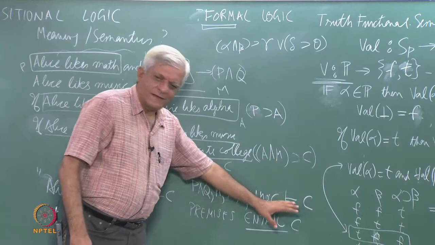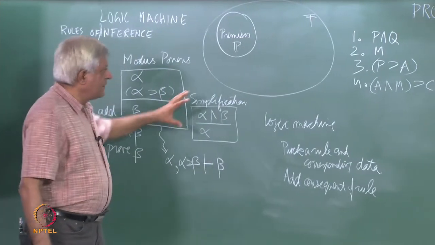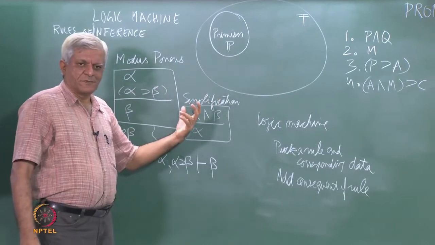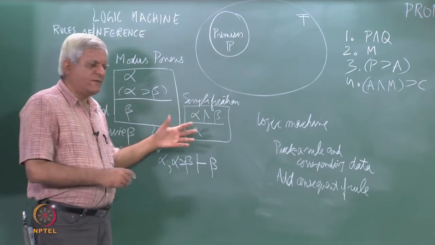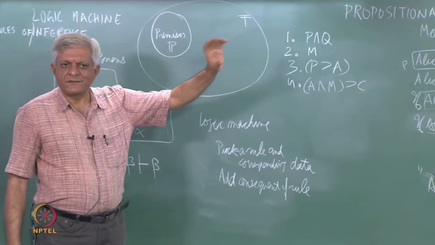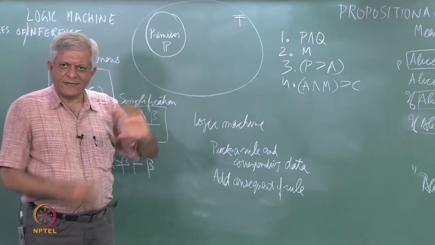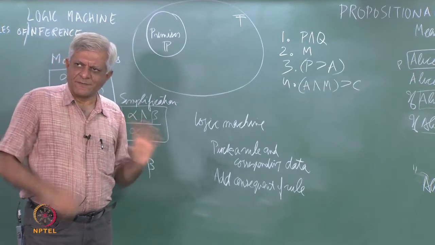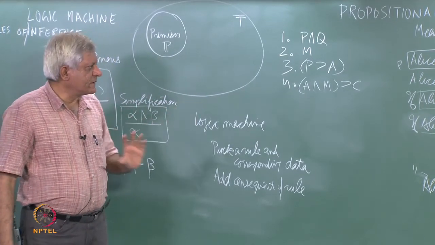Do these premises entail C? The question we are asking here is, can we derive C from the premises? To derive C, we have to use these rules of inference. For entailment, we have to use the truth table for the operators. They are quite distinct, and that is why I am emphasizing that they are different.